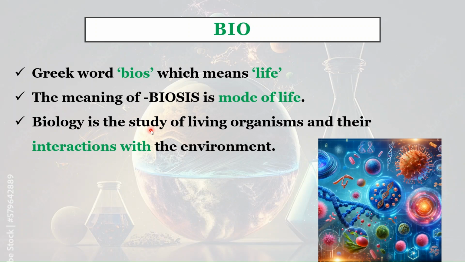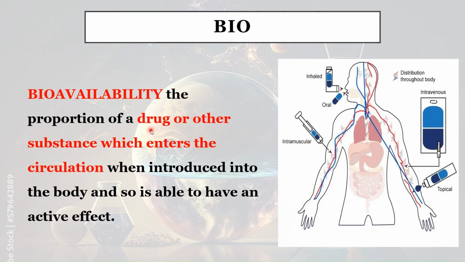So the first word of today's series 2 is bio. Now we will see some examples of scientific words that start with bio. Bioavailability. Suppose I am giving a medicine to a person suffering from a heart problem. I have to know how much drug enters his body.